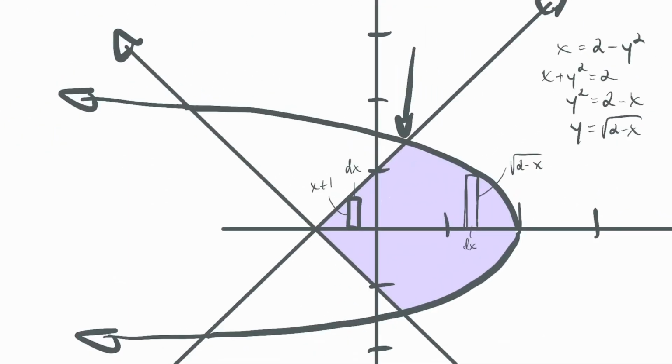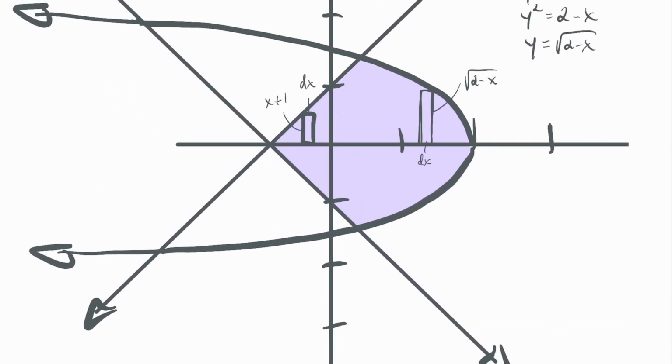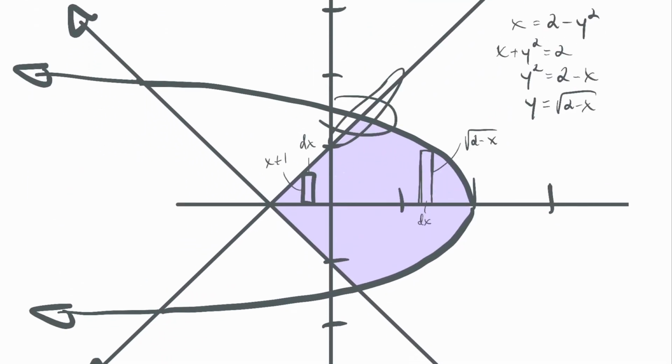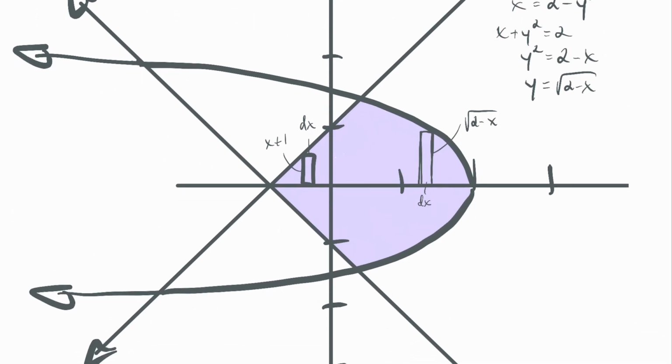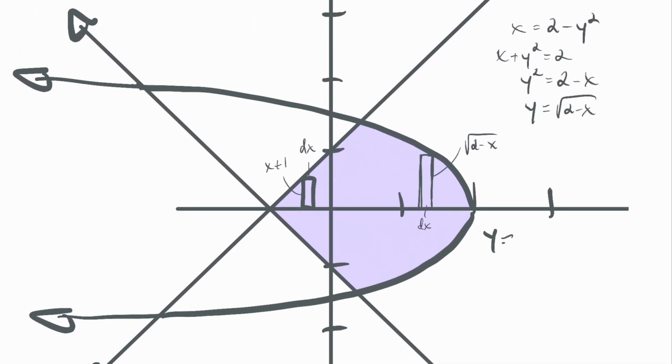Where do they cross? Well, let us deal with that. I want to see where this linear function crosses this parabolic function. So I've got y equals x plus 1 and x equals 2 minus y squared.